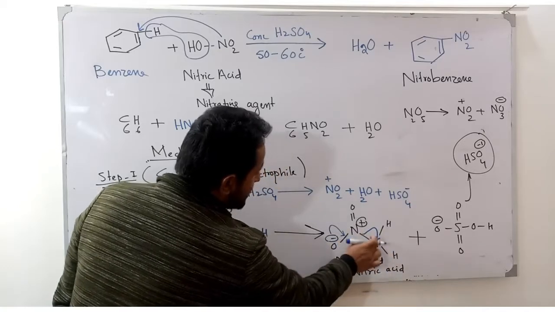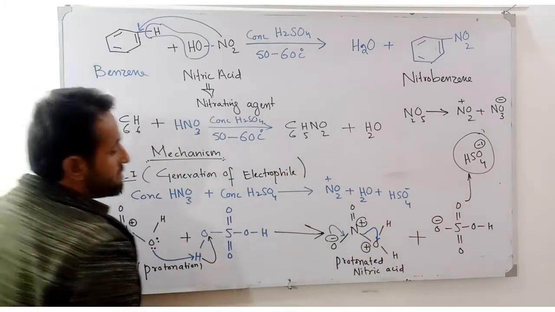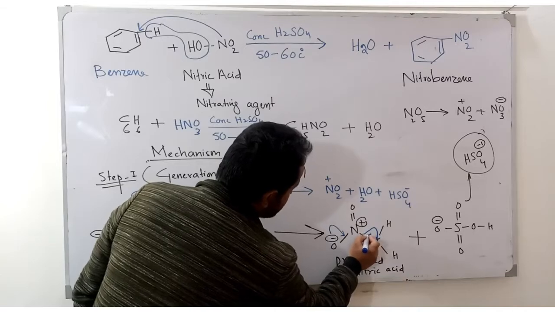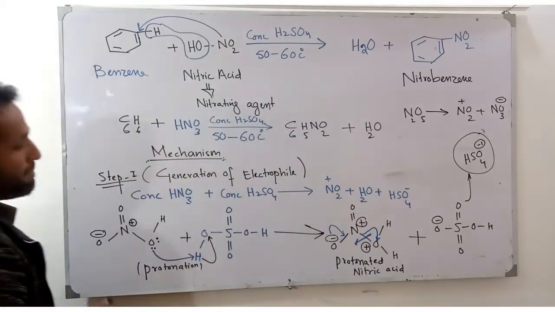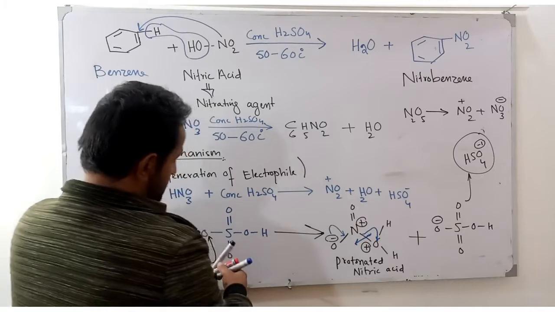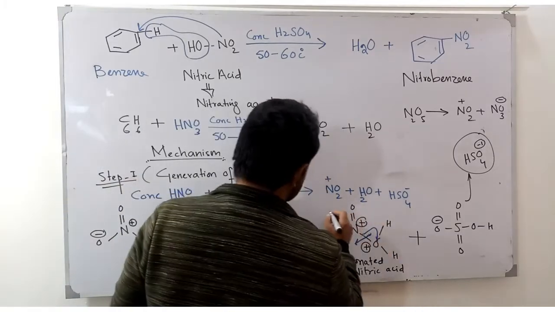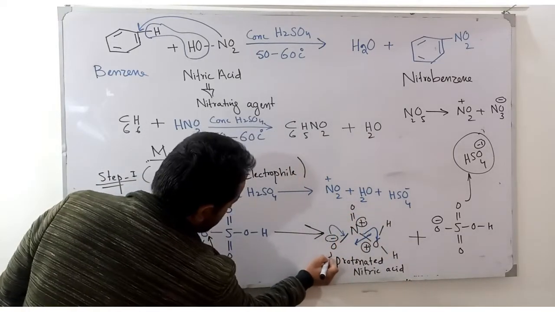When it attracts the electrons from the nitrogen atom, the bond will break from here. So what will be formed basically? Look at this. This step will occur. Now look at this.